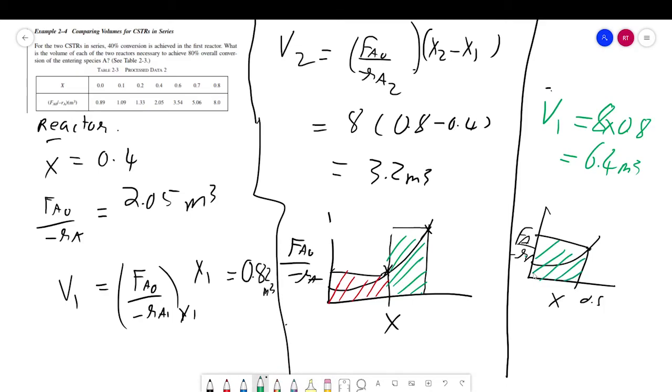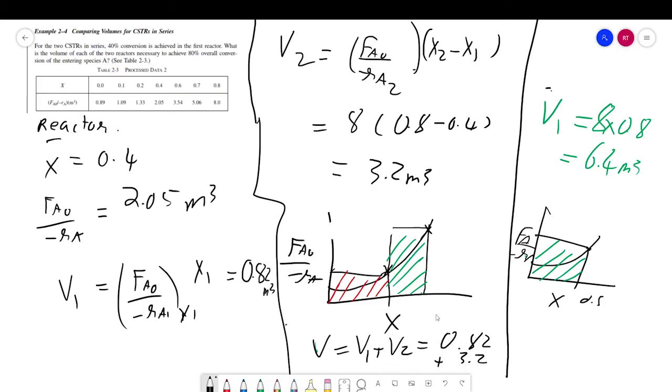One point before we go on: it wasn't 2 meter cube plus 3.2, it was 0.8 plus 3.2. So in this case V total is V1 plus V2. V1, which we derived initially, is 0.82 and V2 is 3.2.